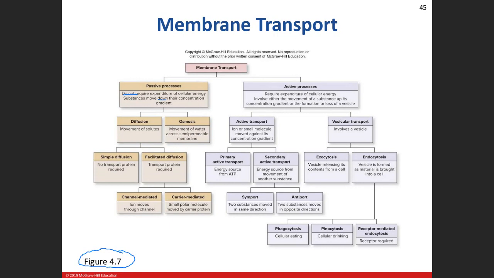You have more of something somewhere, and you have less of that same thing in another space. It's like the front seat and the back seat of your car. You could have 10 people riding in the back, 1 person in the front. You have a higher concentration of humans in the back seat and a low concentration of humans in the front seat. So that's what we're talking about when we talk about the concentration gradient.